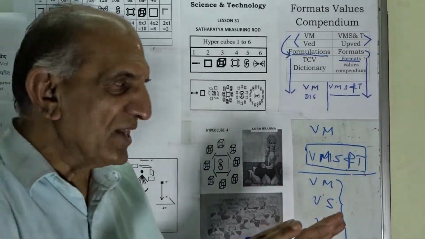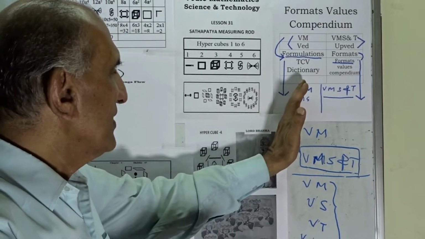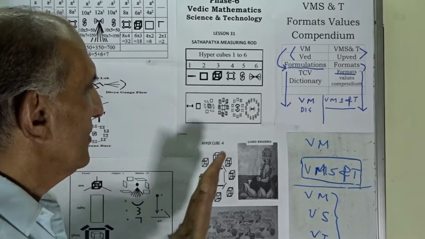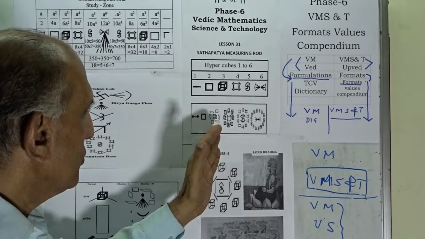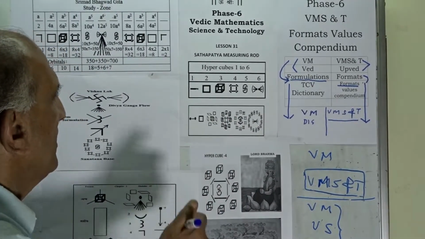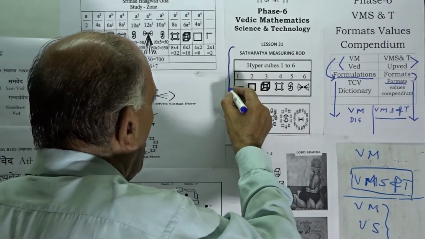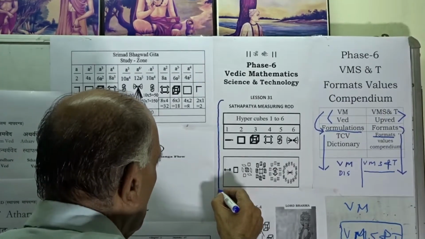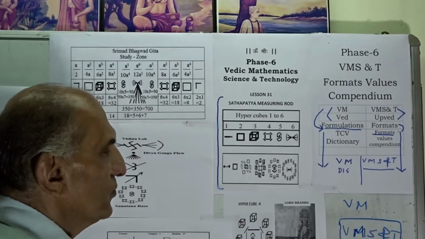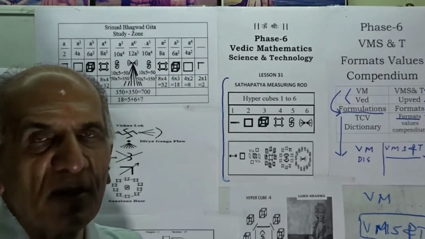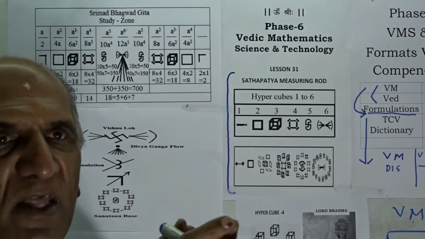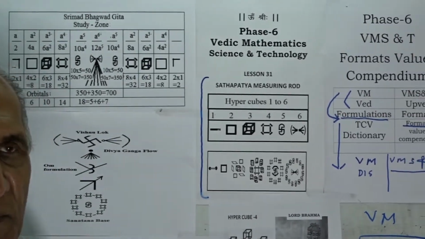So with this we can go a step further: the basic format, the source format, is going to be a Sthapatya mining rod. We can have a pause and take note that in Vedic mathematics, the basic source has been the Devanagari alphabet format.